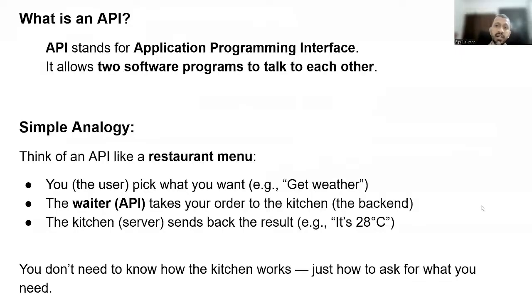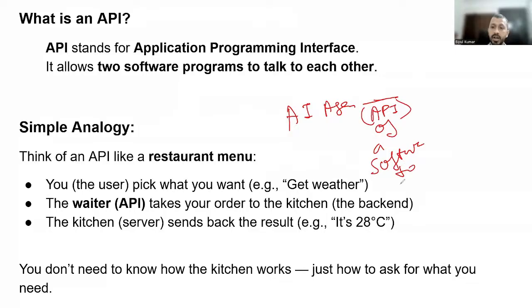So with the API, it can perform the function calling. Your AI agent will use the API of a particular software to connect, and after connecting, perform function calling.